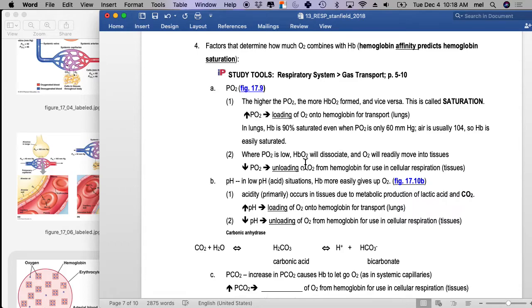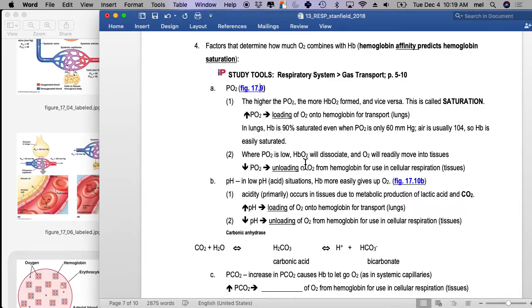Okay, so here's what I want to do with this. Every single time, let's choose what's true at pulmonary capillary beds. So all the factors are going to favor loading. And then you, on your own, could make exactly the opposite list for what is true at systemic capillary beds. Does that make sense? So if you learn half of the prediction, you can do the other half very easily. Okay?